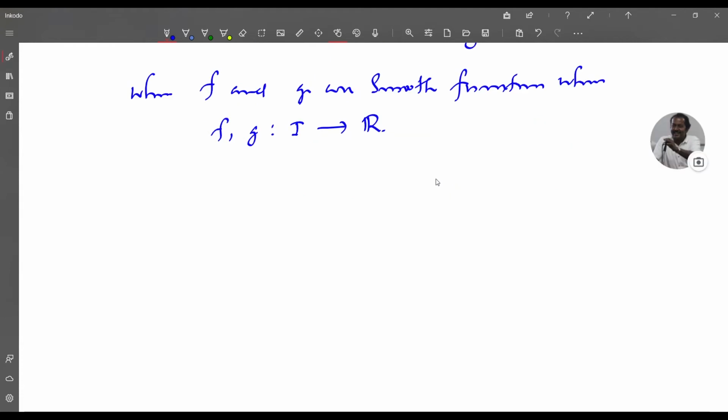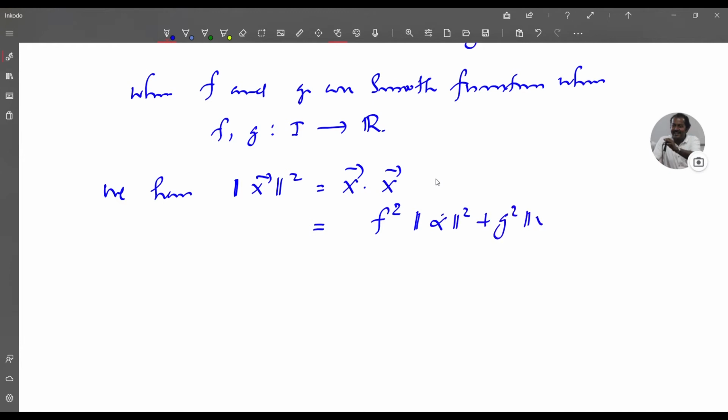You know that norm of x square is x dot x. So this is f square norm alpha dot square plus g square norm v square.